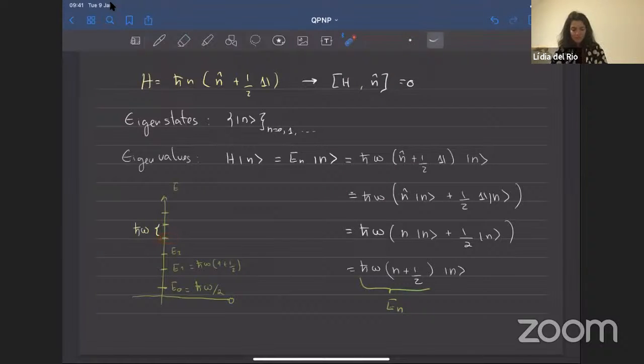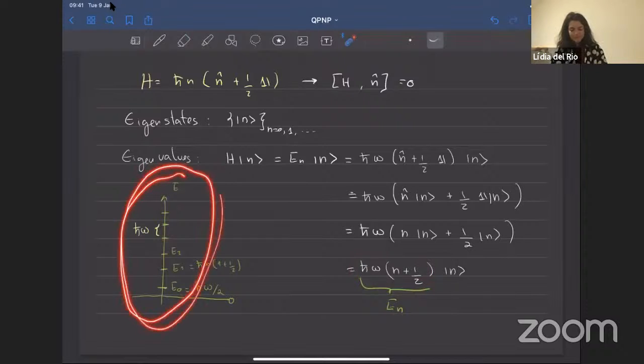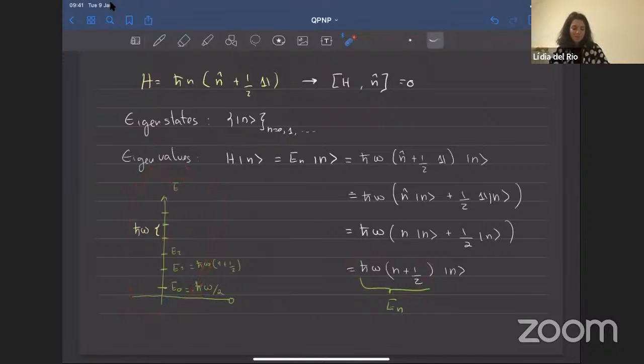It's going to be at this value here. So if you take the course Advanced Topics in QIT next semester, which I strongly recommend you do, because you have all the background needed for it, one of the things we'll see there is how to use this kind of systems in quantum thermodynamics as energy batteries.